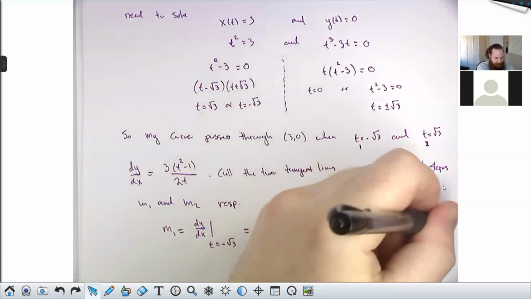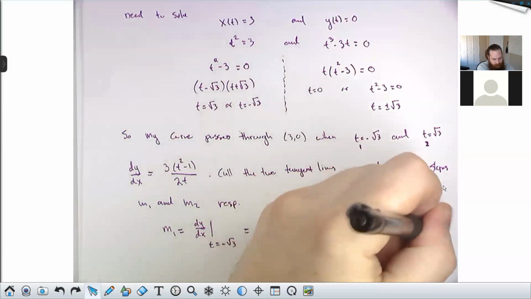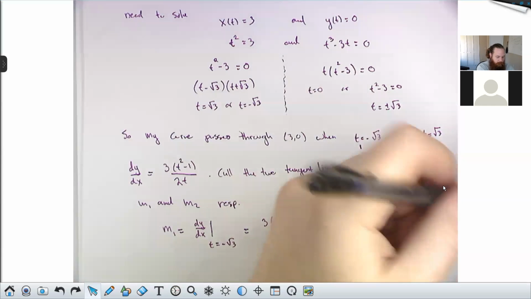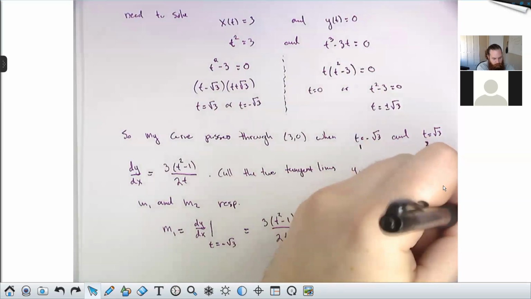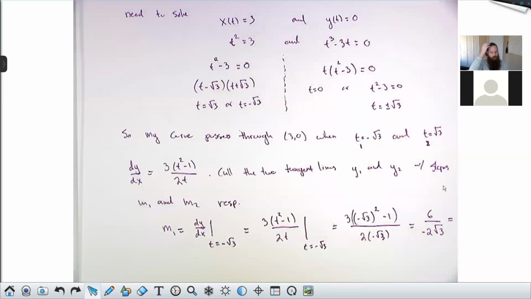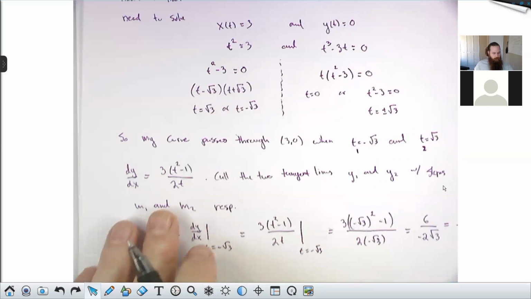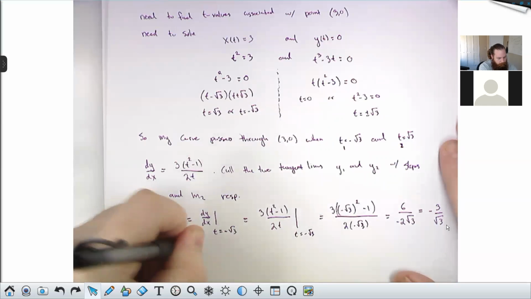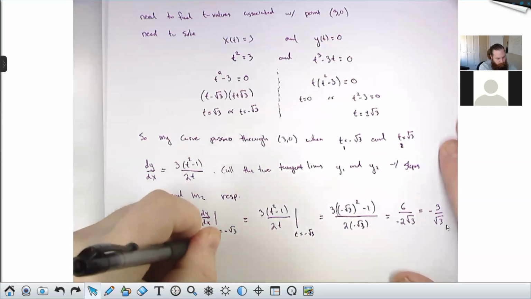So upstairs here I have 6, and downstairs I have negative 2 square roots of 3. You can cancel the 6 into the 2, and you get negative 3 over root 3. And negative 3 over root 3, that's 3 to the 1 divided by 3 to the 1/2. That's just negative square root of 3.